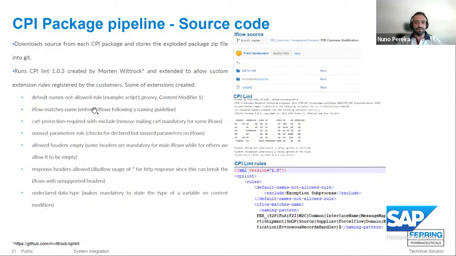I'm not going into the details, I think it's too much. You can check the blog in more detail on what each rule is really doing. But this helped us perform the same checks for all the packages, so that we can see if they are following our naming guidelines and if they are using some discouraged pattern.